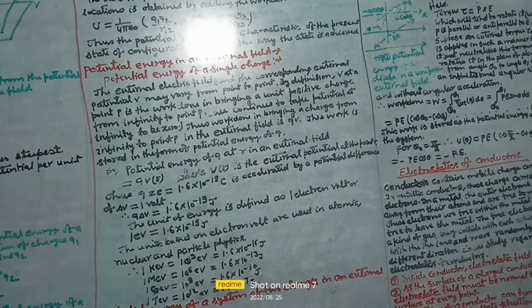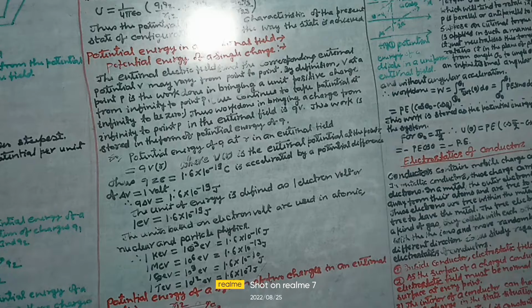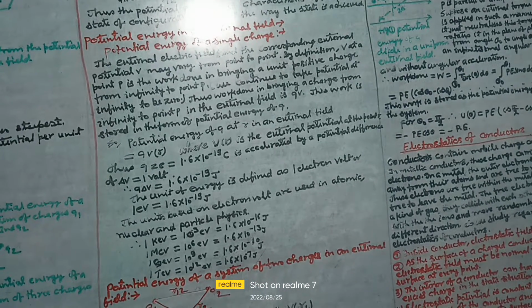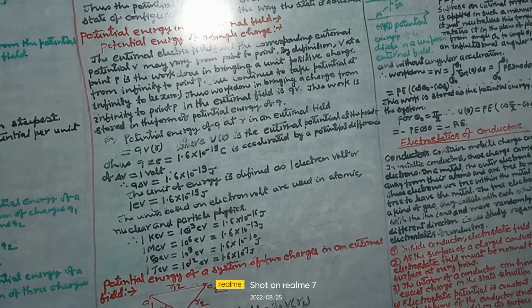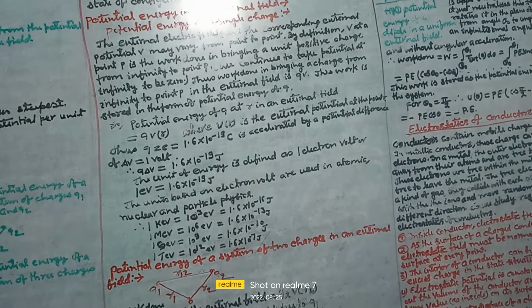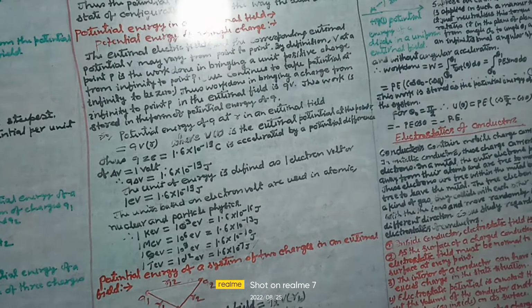Thus potential energy of the system is q1V1 plus q2V2 plus q1q2 by 4π epsilon naught r12.